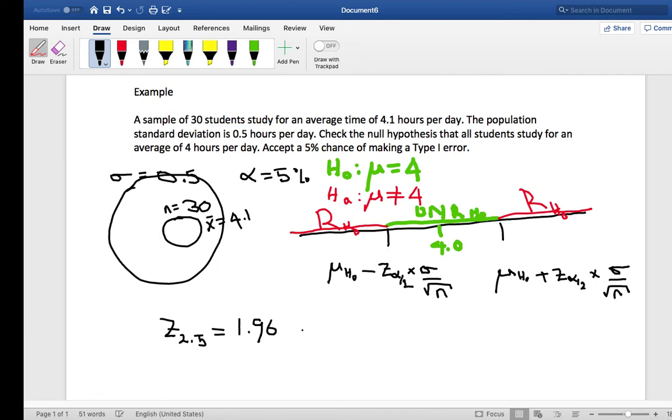Basically you can just use NORM.S.INV to get that value in Excel. So that comes from NORM.S.INV of 0.975.